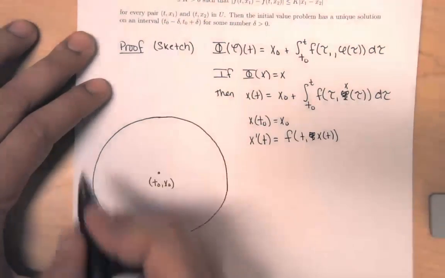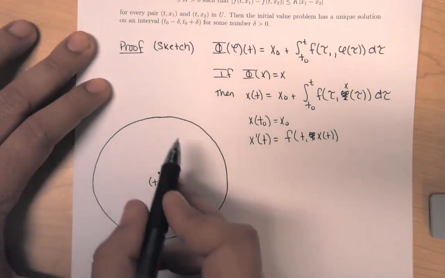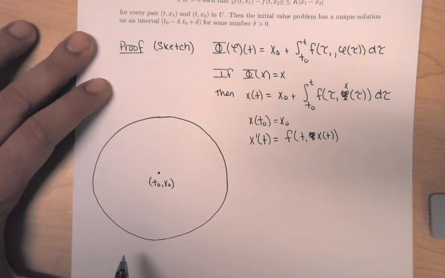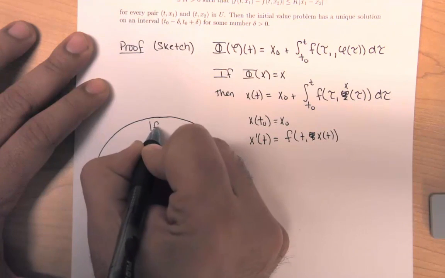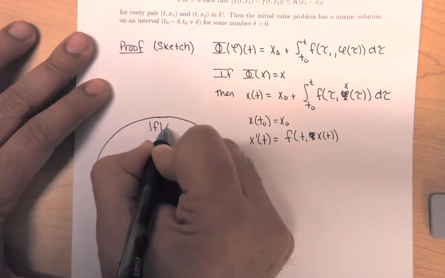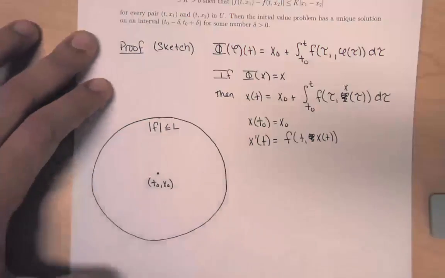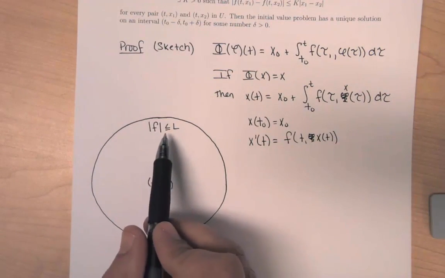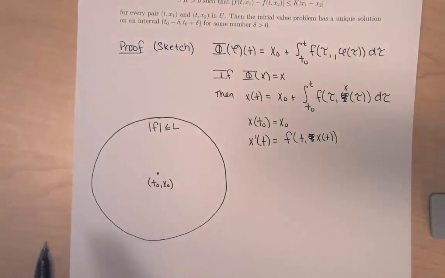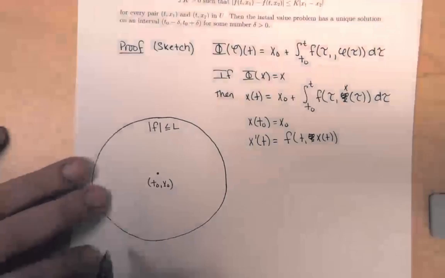Okay, and in this circle, because it's a bounded region in R2 and f is Lipschitz continuous, I can say that f is bounded. So suppose for every t and x value in this circle, f is bounded by L. The fact that it's continuous and this is a bounded region guarantees a bound for f.